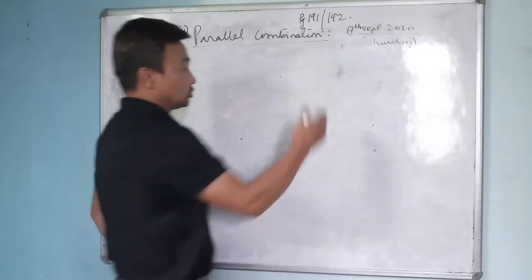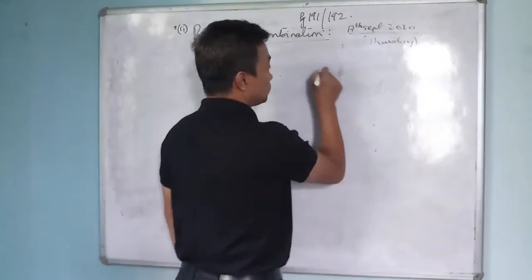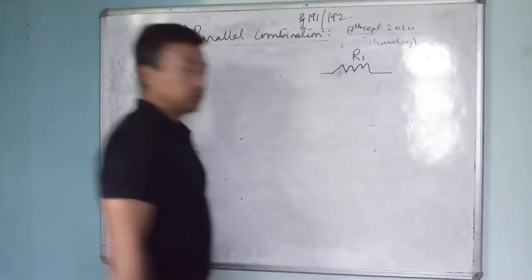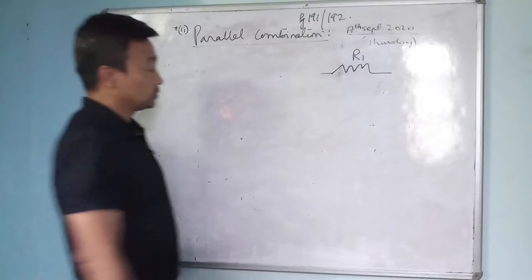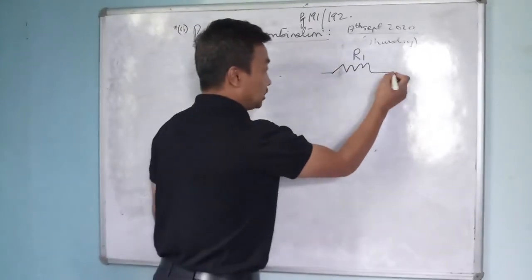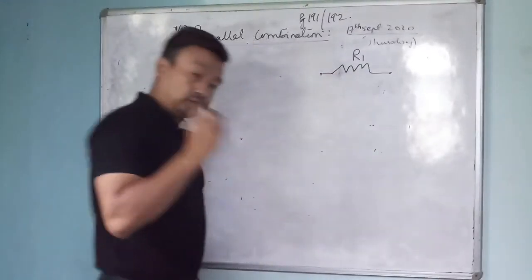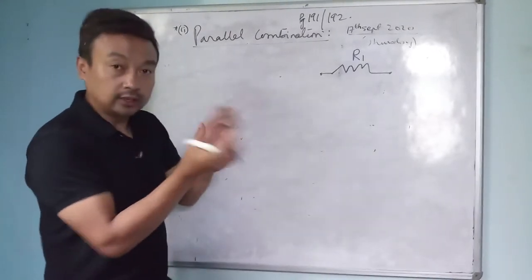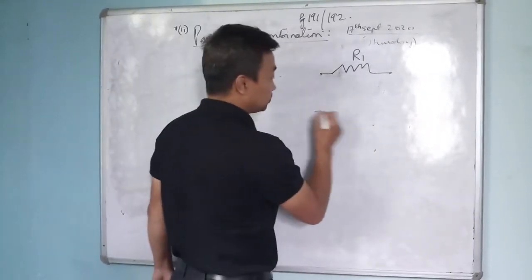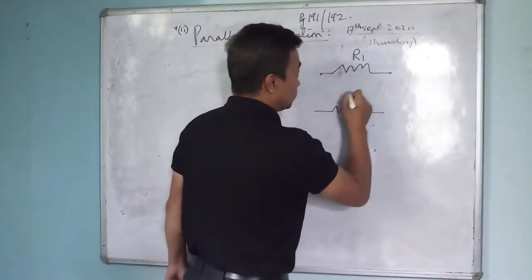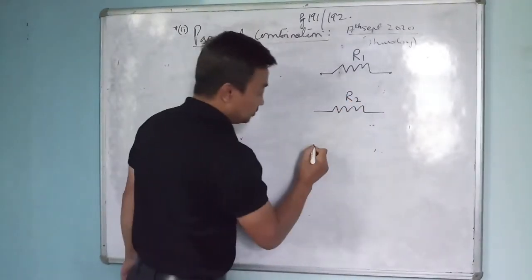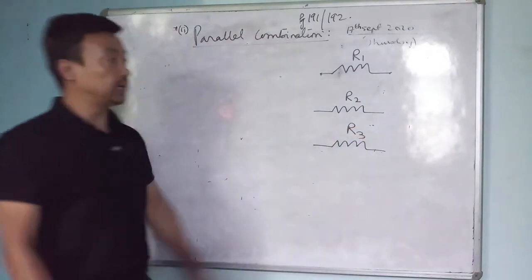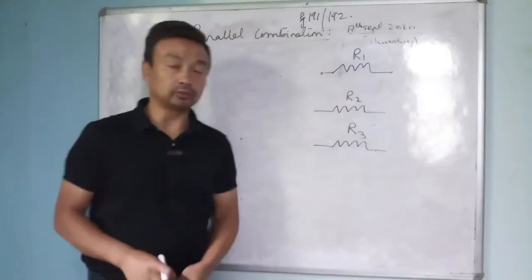It is something like this. See, let us take this as resistor R1. This is one end and this is the other end. So here what it is saying is, one end of each resistor is joined at the same point. Let us take resistance R2 and let us take resistance R3. So we have got three resistances.